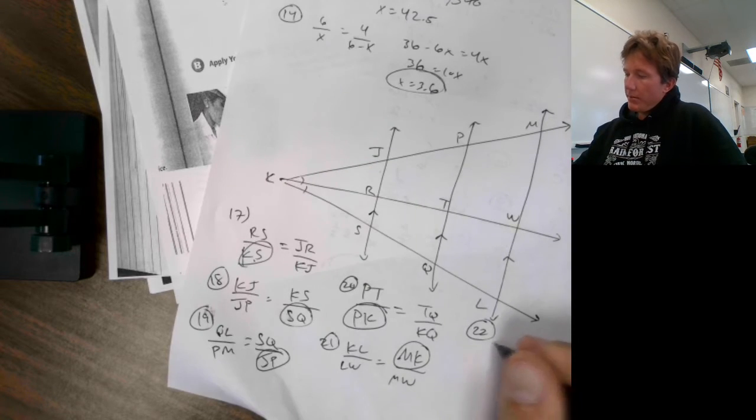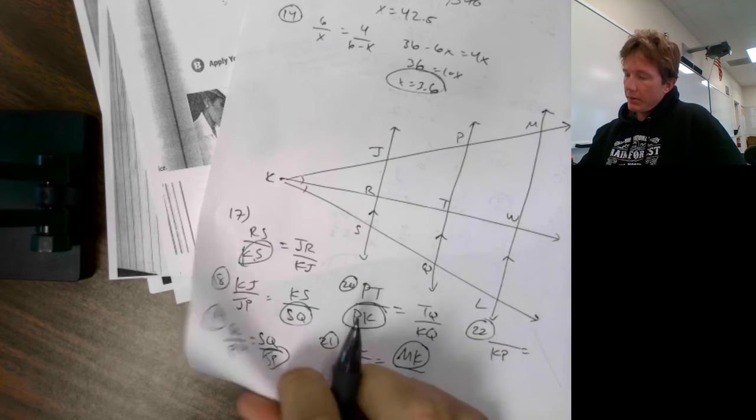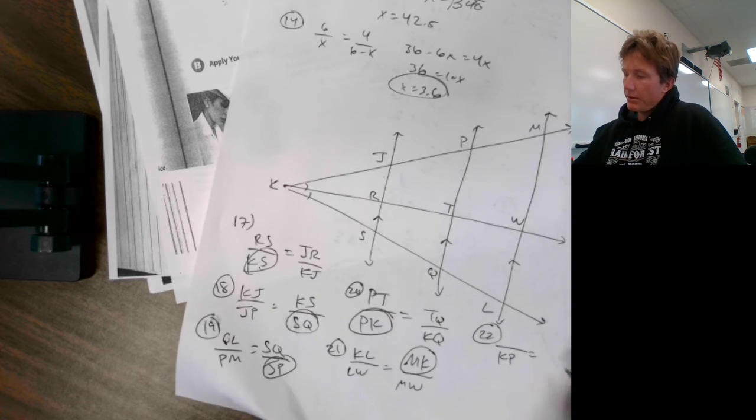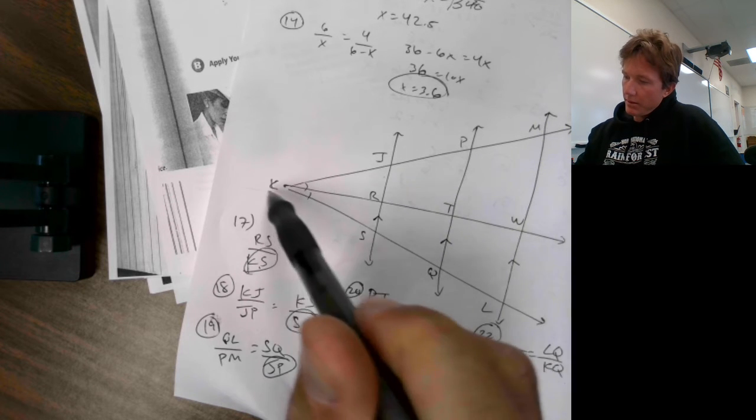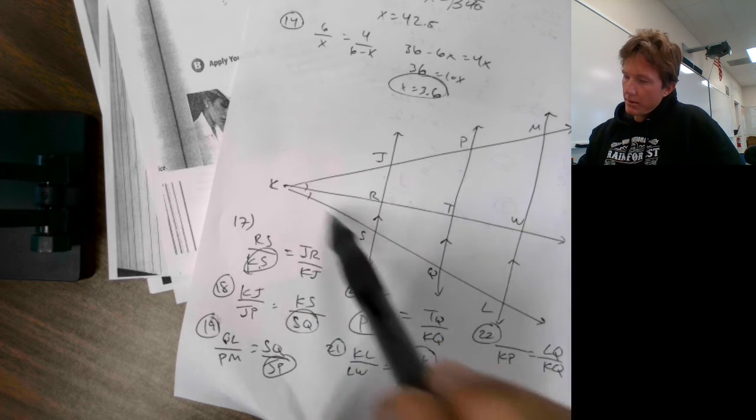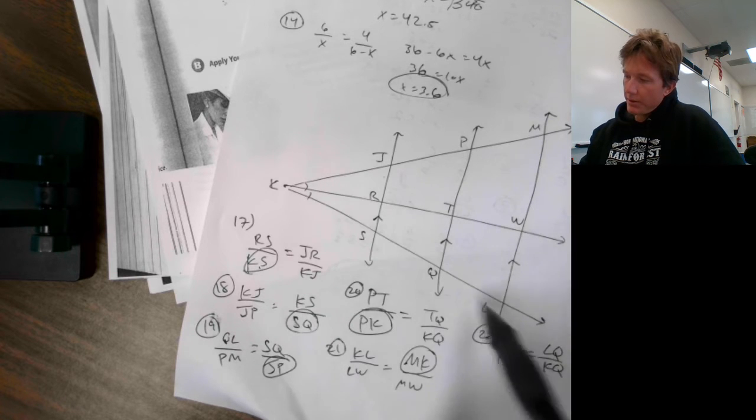22. Blank over KP equals LQ over KQ. LQ is this short segment here. KQ is the remainder of that line, or the hypotenuse of the triangle.